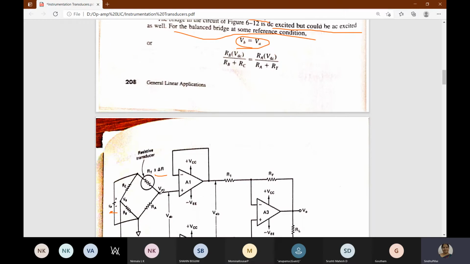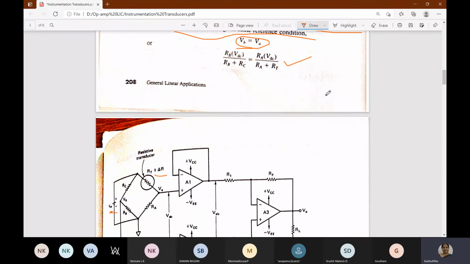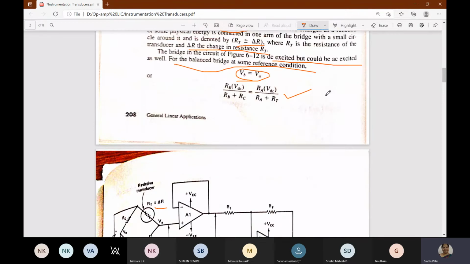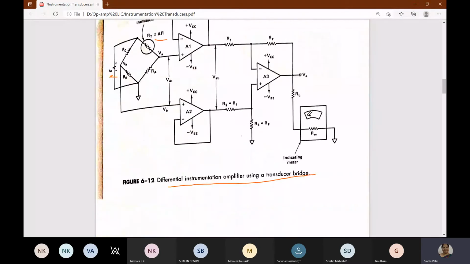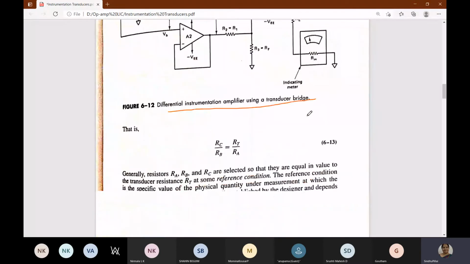And VA is the main voltage VDC into RA divided by RA plus RT. This is the balanced condition, VB equals VA. Next, I'll go with the derivation of how we got RC; I'll show that in the notes.